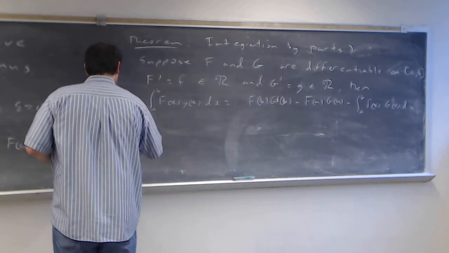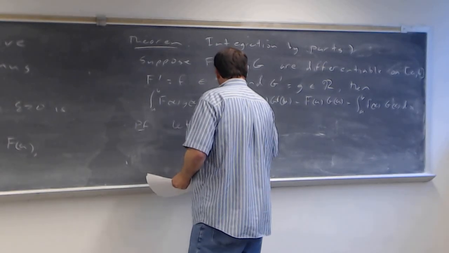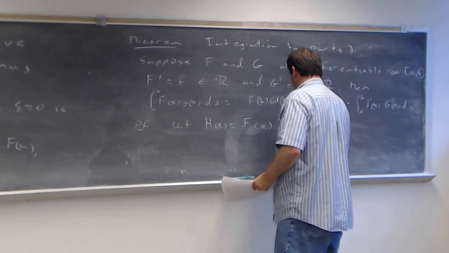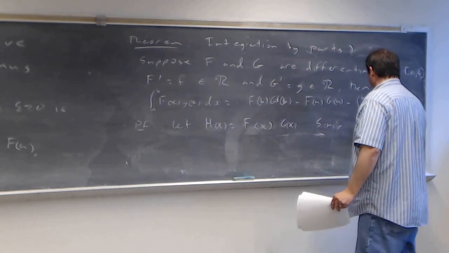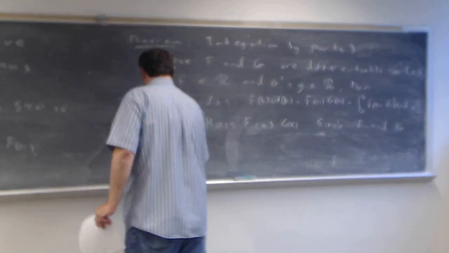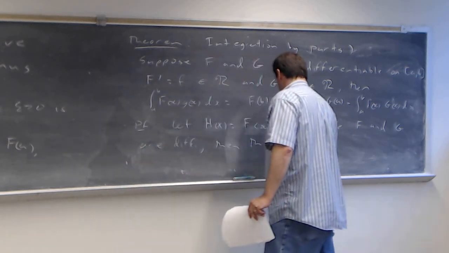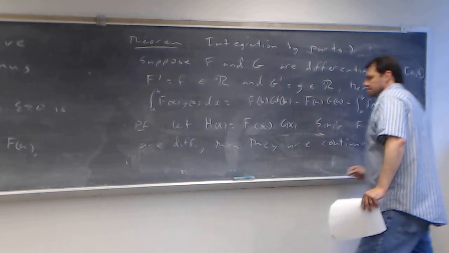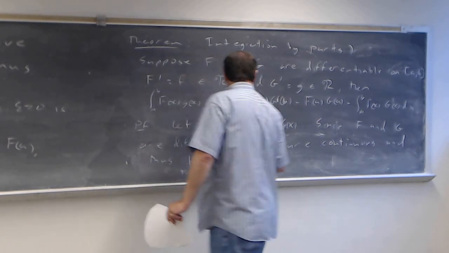Okay, here's the proof. We let h of x be equal to big F of x times big G of x. Since big F and big G are differentiable, then they are continuous, and thus h is Riemann integrable. How did we do that?